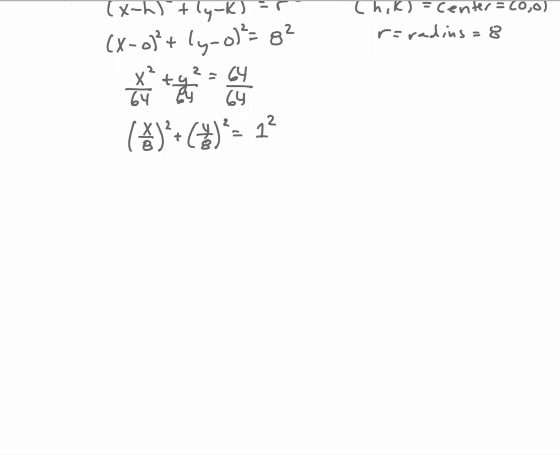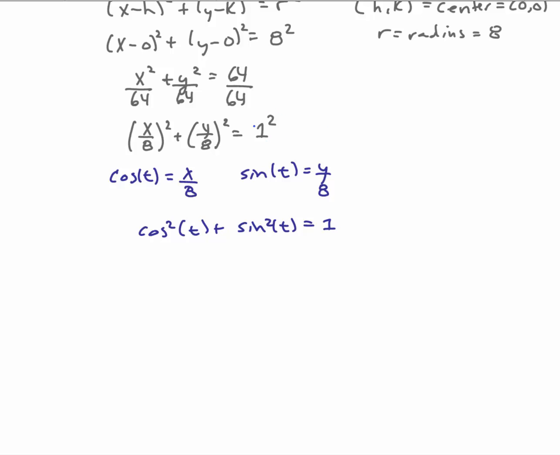Okay, so now as we keep working, we know that x and cosine are related. So using the same logic as we did in our last problem, let's look at cosine of t is equal to x over 8, and sine of t is equal to y over 8. And then again, we know cosine squared of t plus sine squared of t equals 1.